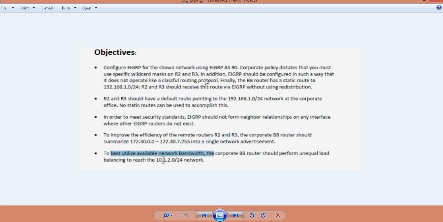What does that mean? We will have to turn off the auto summary. Finally, the backbone router has a static route to 192.168.1.0/24. Router 2 and 3 should receive this route via EIGRP without using redistribution.